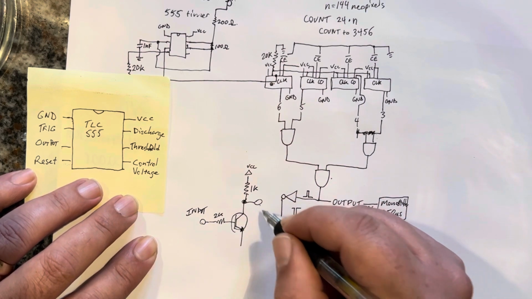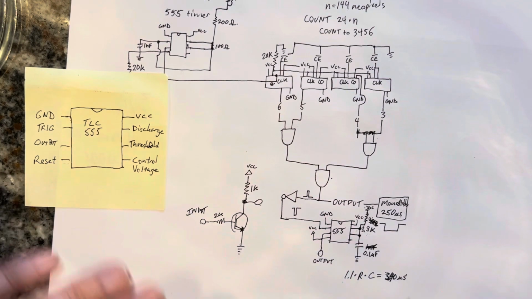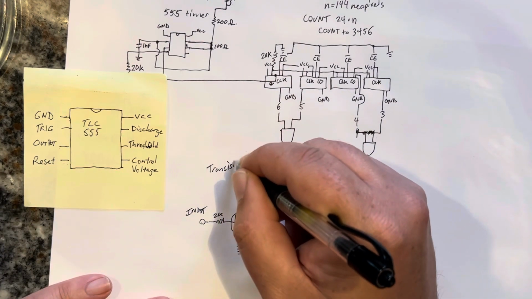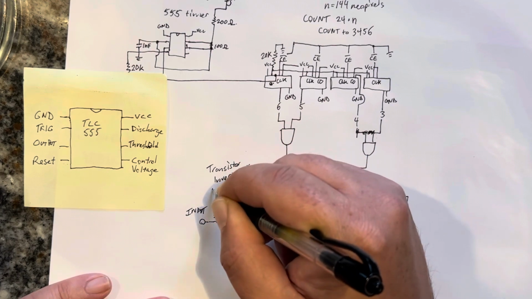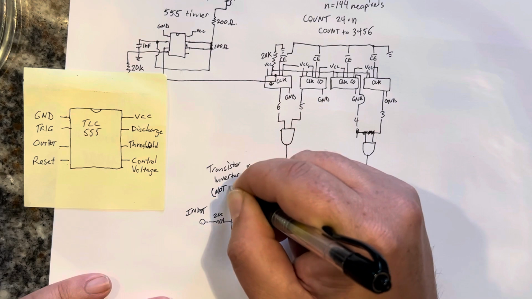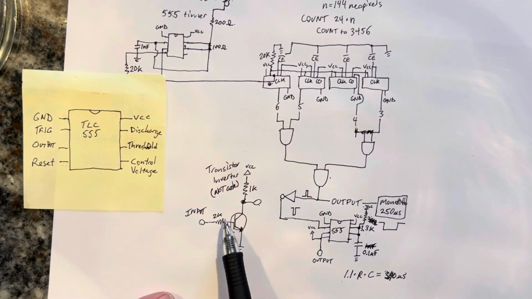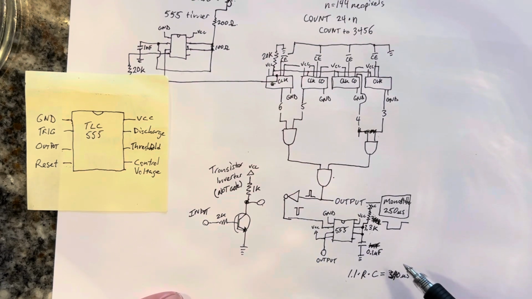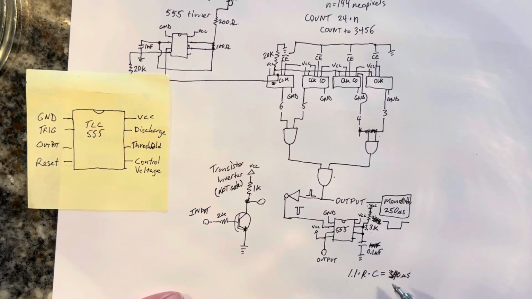And the output is, and this just goes to ground. And so this is a transistor inverter or NOT gate. I've used these in my circuits before and they work out pretty well. I just didn't have an inverter chip at the time.